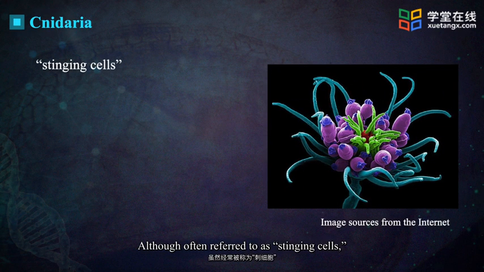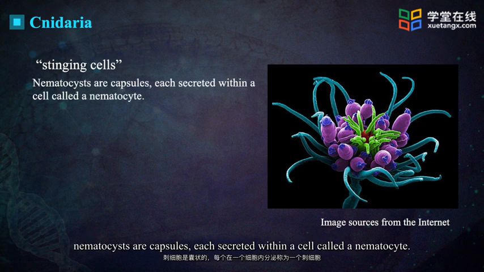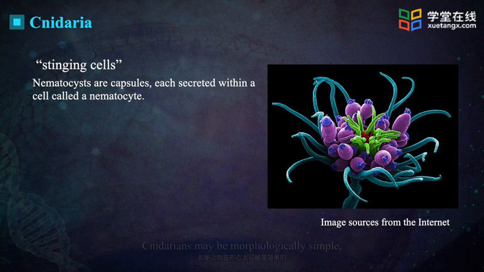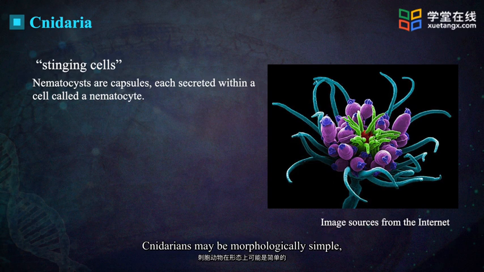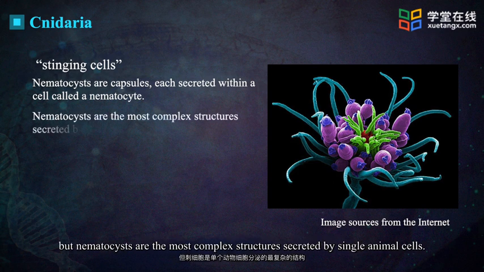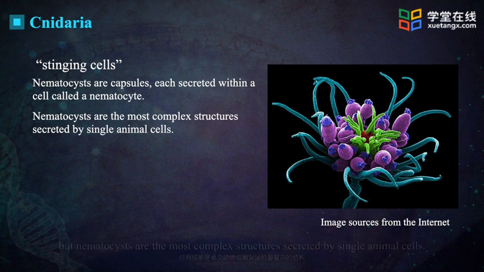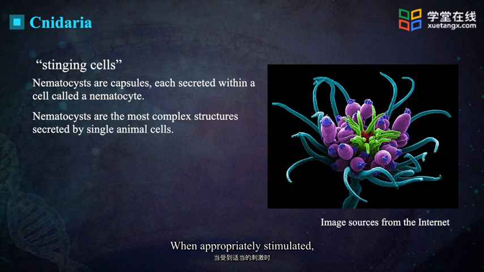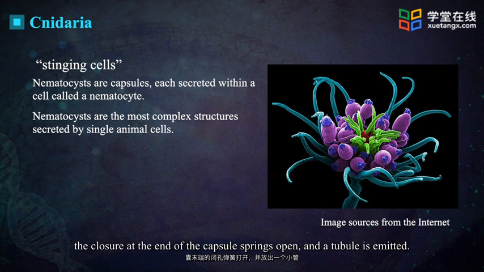Although often referred to as stinging cells, nematocysts are capsules, each secreted within a cell called a nematocyte. Cnidarians may be morphologically simple, but nematocysts are the most complex structures secreted by single animal cells. When appropriately stimulated, the closure at the end of the capsule springs open, and the tubule is emitted.